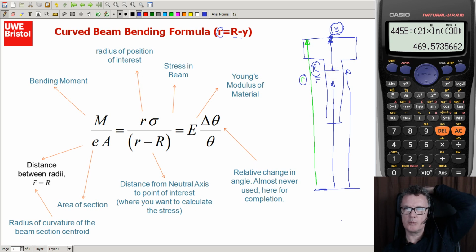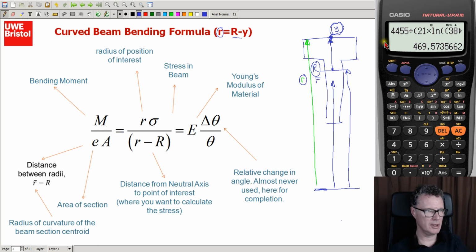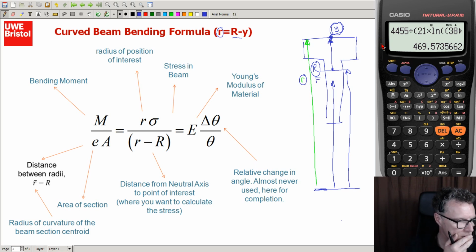Okay. Anyway, I think I've got that right. Let's double check. Yeah, so R has got a slightly different notation there.